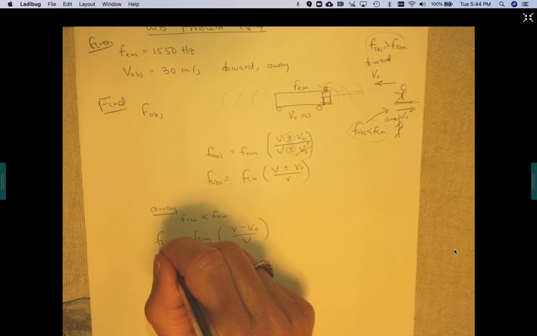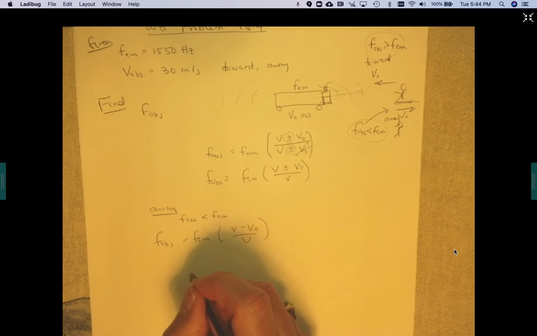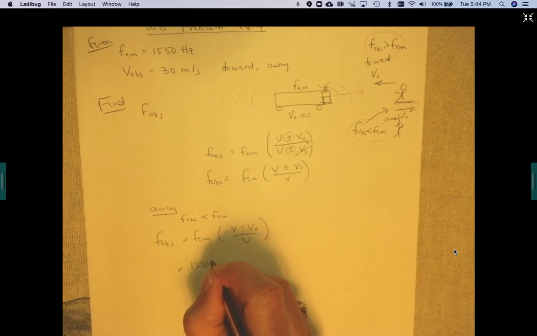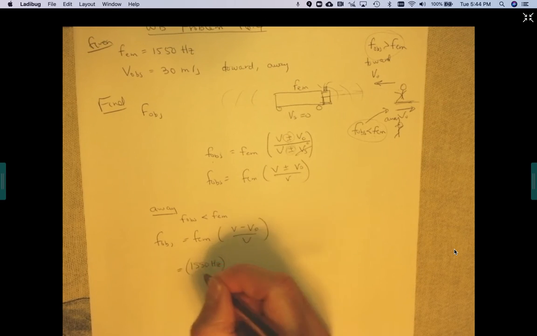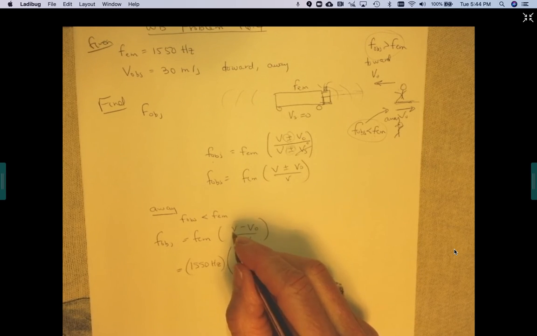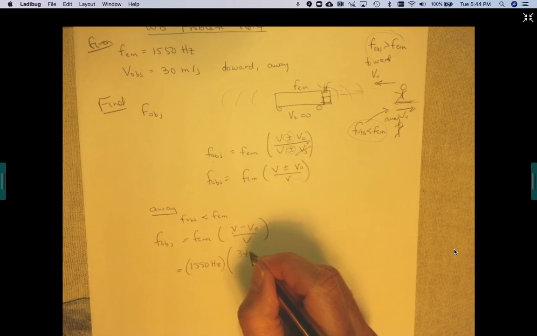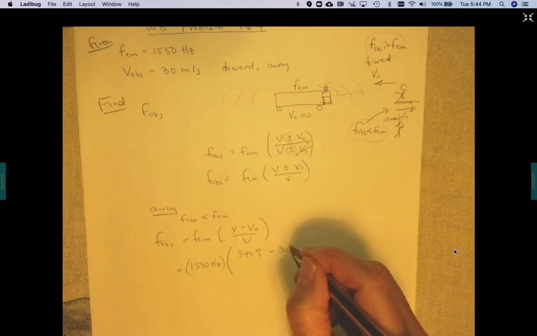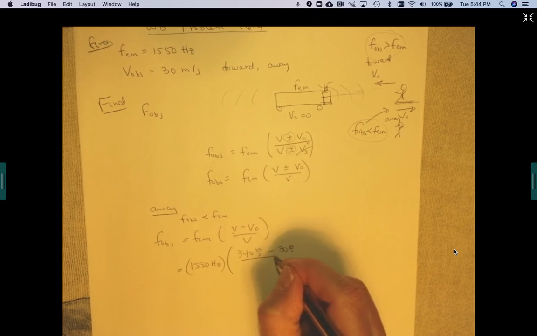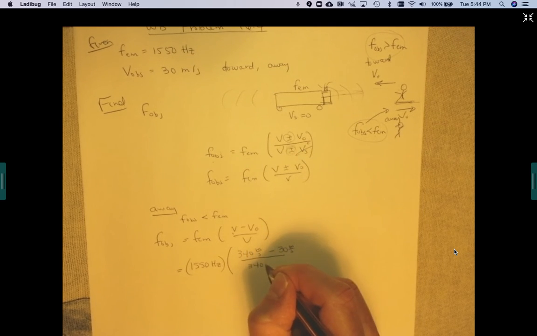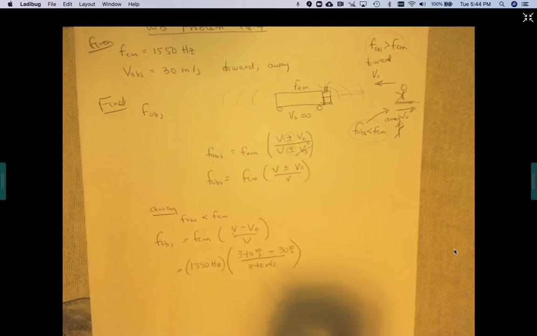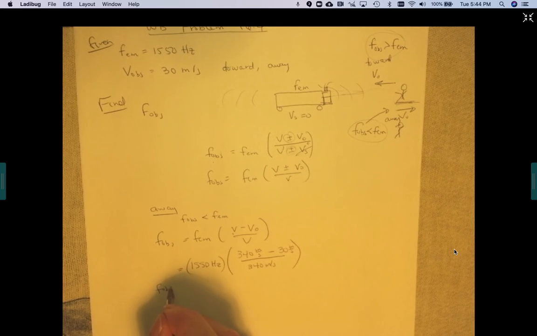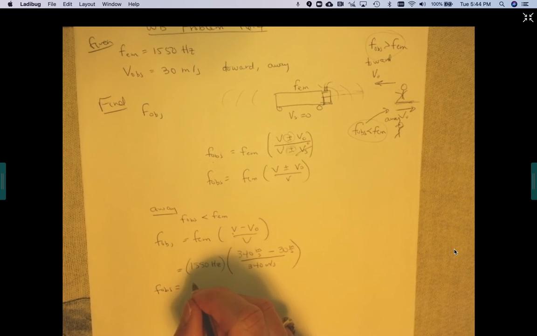We plug in the emitted frequency, 1550 hertz, and the speed of sound, 340 meters per second, minus the speed of the observer, 30 meters per second, divided by the speed of sound, 340 meters per second. So we get the observed frequency is 13 hertz.